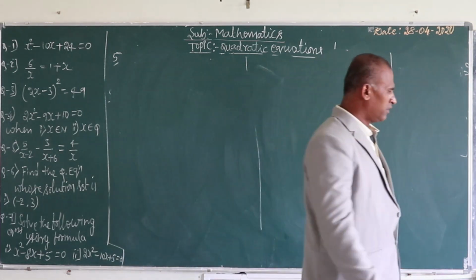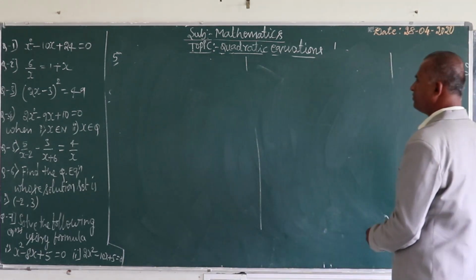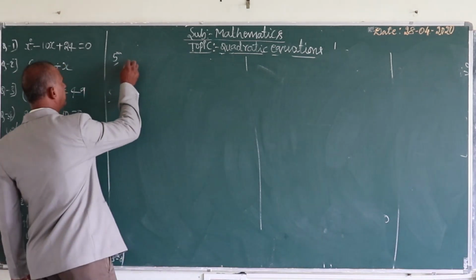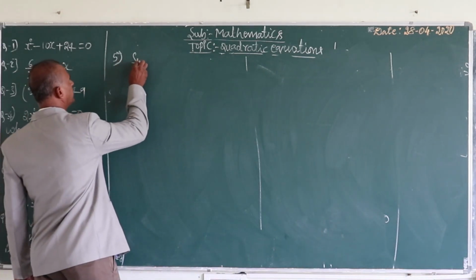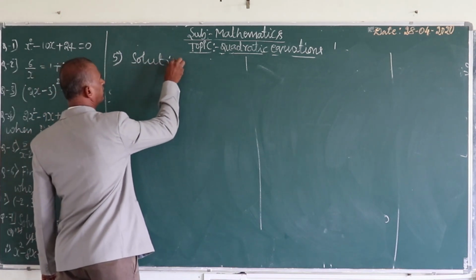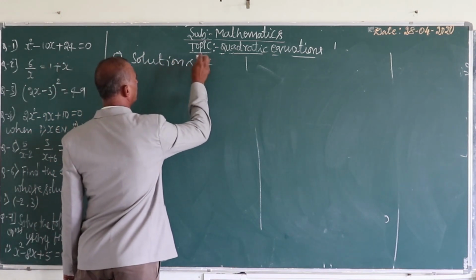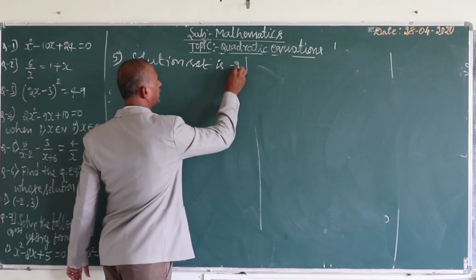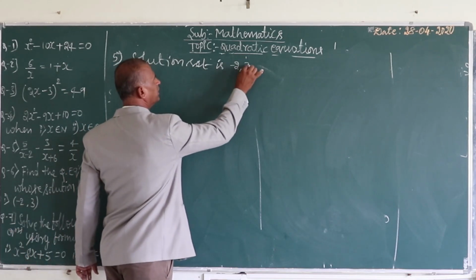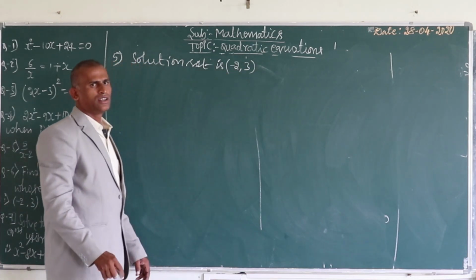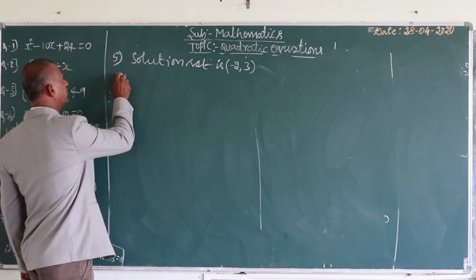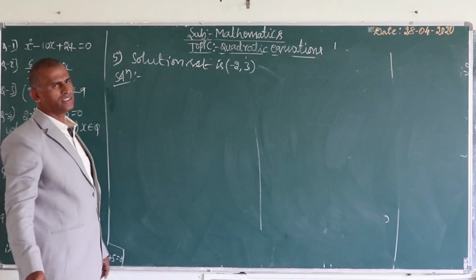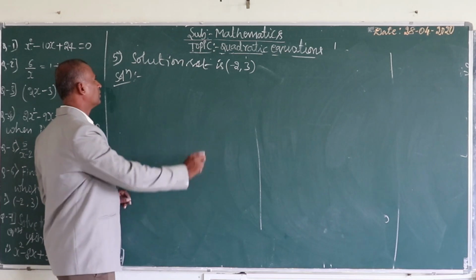Now the solution set they gave is minus 2, 3. Here, how we will take it: by using this solution set we have to find the quadratic equation they are asking for.